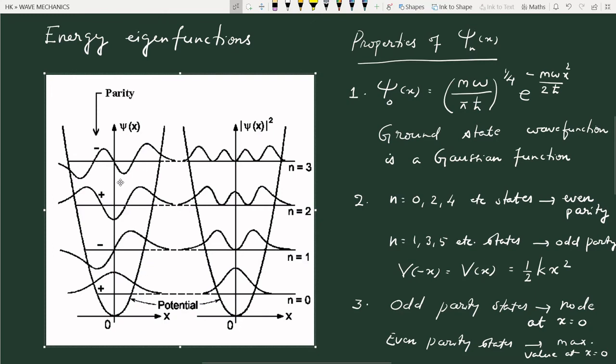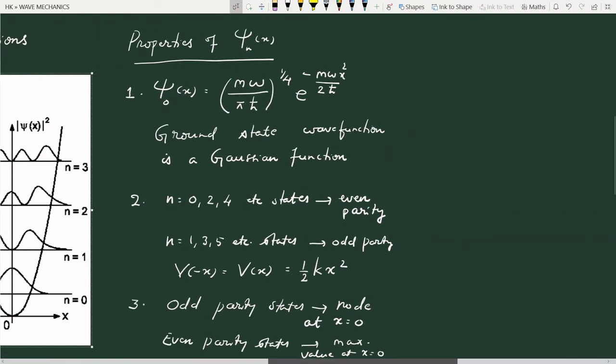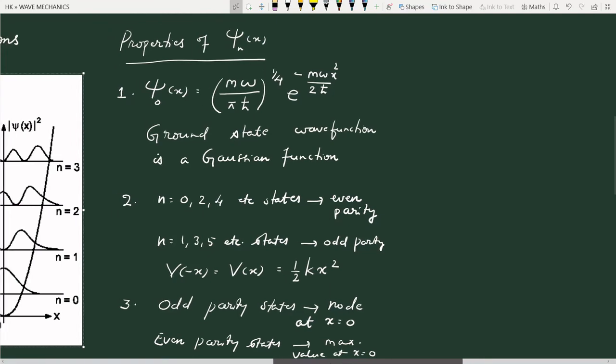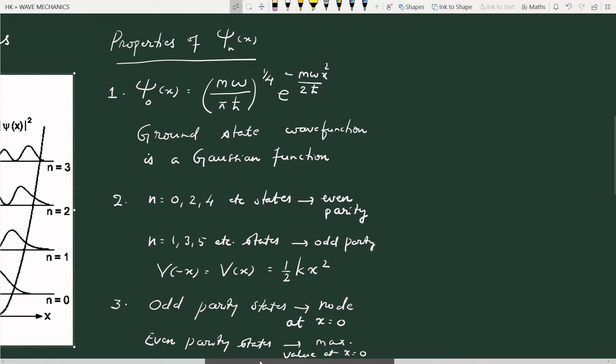Or nth state, n nodes, and the number of maxima is n plus 1. 0th state, 1 maxima, first state, 2 maxima, second state, 3 maxima, 4 maxima for third state, like that. Number of maxima is n plus 1.